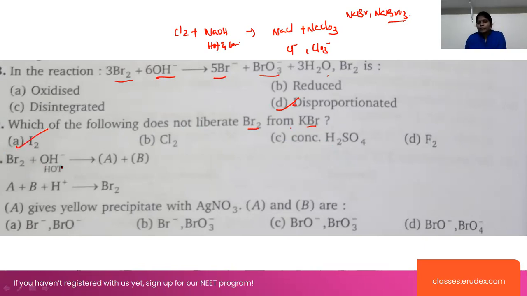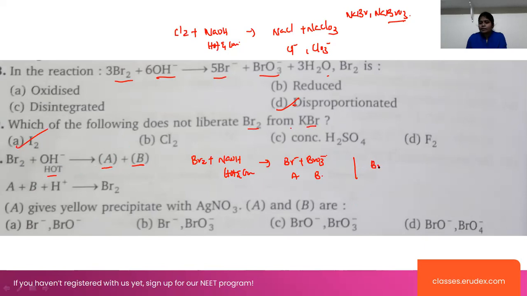Next one is bromine with hot and concentrated NaOH. What are the products obtained here, A, B, and AB plus H? We already know that bromine reacts with hot and concentrated NaOH to give Br minus along with BrO3 minus, right? This Br minus is A and this is B here.